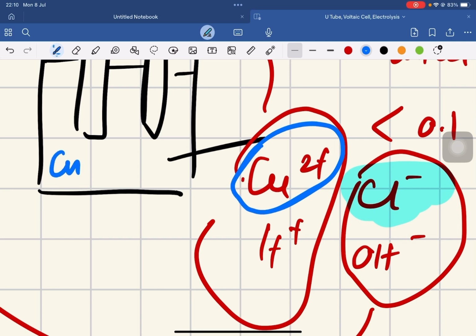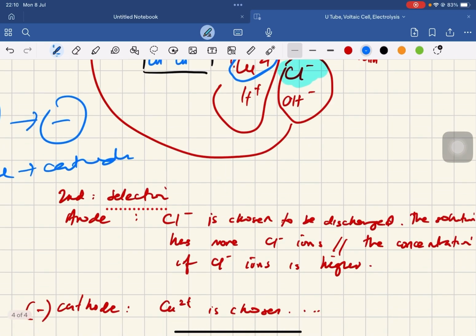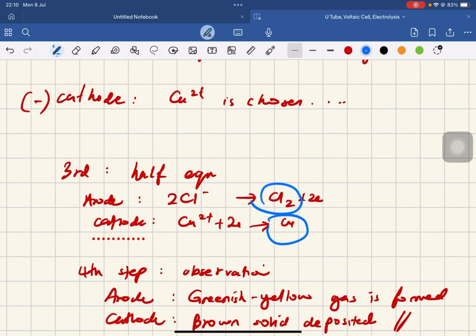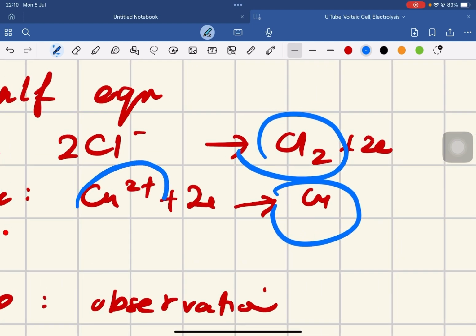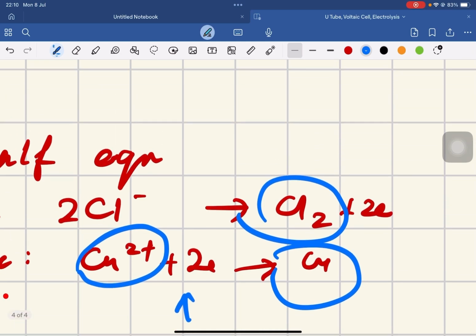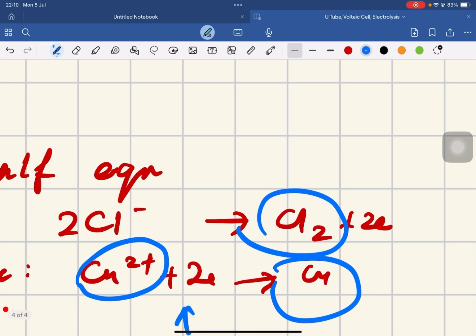So you bayangkan dalam ni ada Cu2 plus, banyak. Okay, you bayangkan tadi what happened. Kalau kita tengok from half equation tadi, at cathode, our Cu2 plus ion ni, dia receive electron to become copper solid. Okay, so dia discharge kan. Discharge mean dia buang charge.